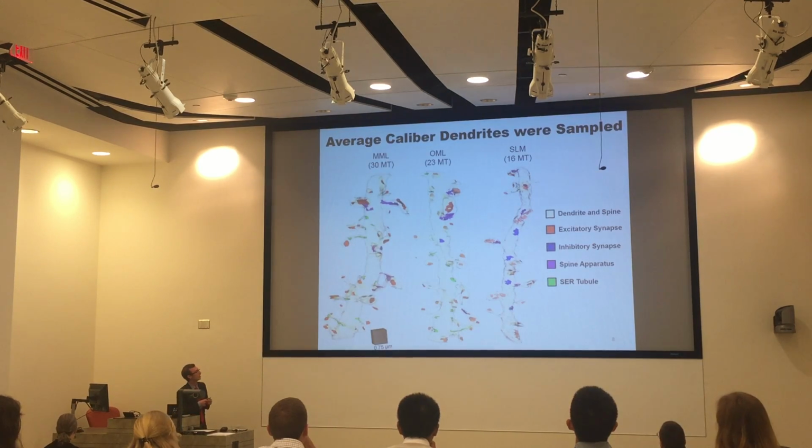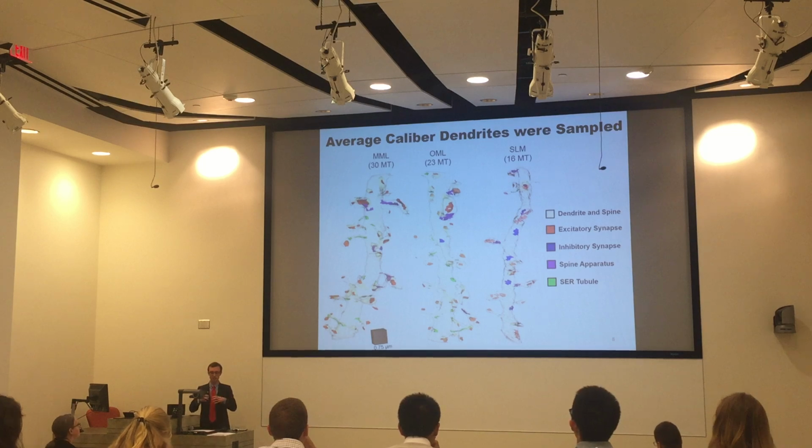So for the dendrites in these three distinct layers, we took average caliber dendrites, that is based on their microtubule numbers. And it has been shown that microtubule number is actually a good proxy for the relative size of the dendrites.